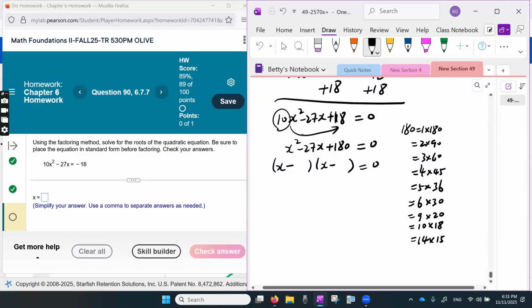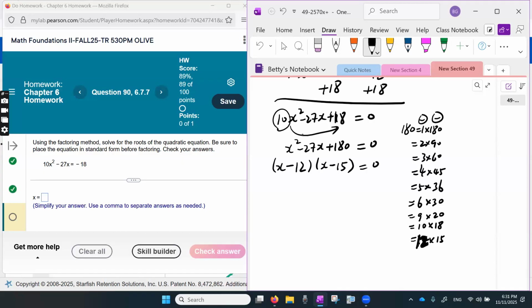Hold on. 12, 15, okay? 12 times 15 is 180. And 12 plus 15 is 27. So the two numbers are negative 12, negative 15.